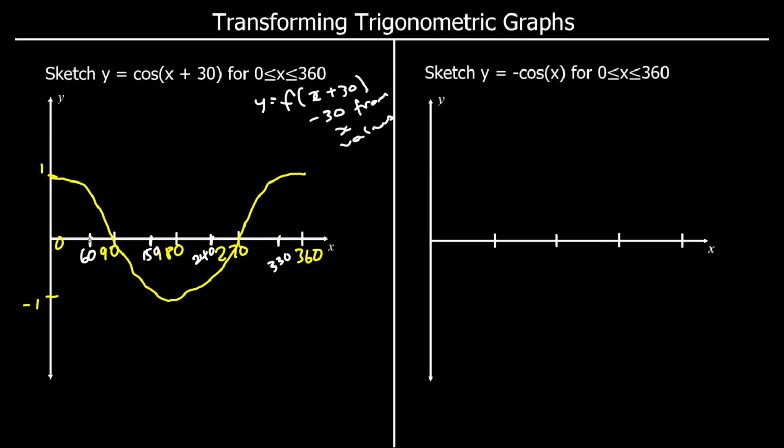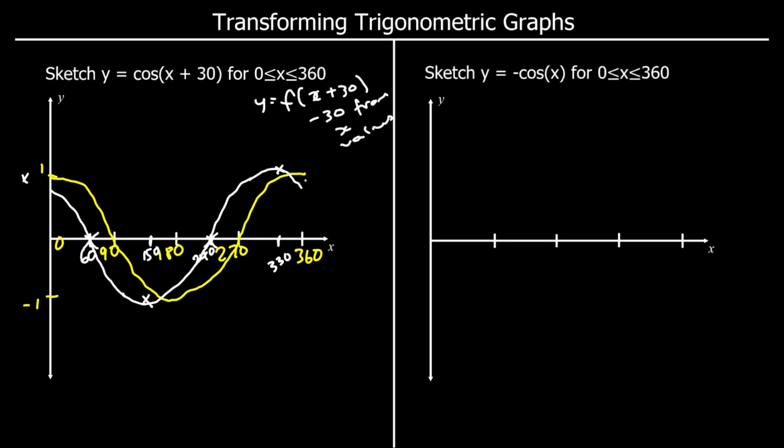So it's shifting back 30 degrees. And the peak will be back at negative 30. So it's going to look like this. So that is y equals cos of x plus 30.